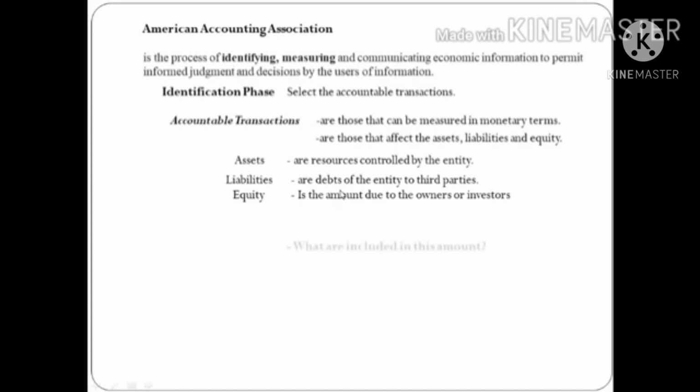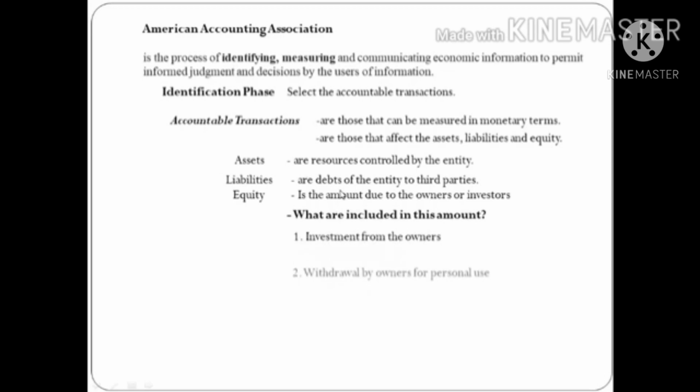Actually, on the question, what are the transactions that affect the equity account, we have investment from owners, we have withdrawal by owners for personal use, we have revenues earned from customers, and expenses for doing business. If you are to consider investment minus personal withdrawals of the proprietors plus revenues or sales to customers minus expenses, it equals the amount due to the owners.